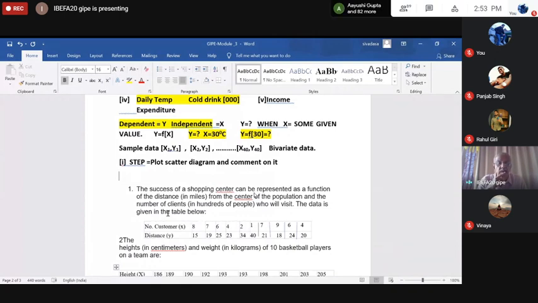The very first question is, the success of a shopping center can be represented as a function of the distance from the center of the population and the number of clients in hundreds of people who will visit the shopping center.